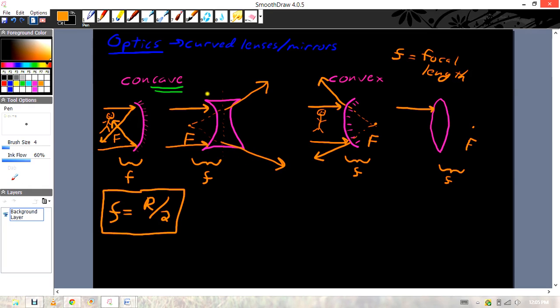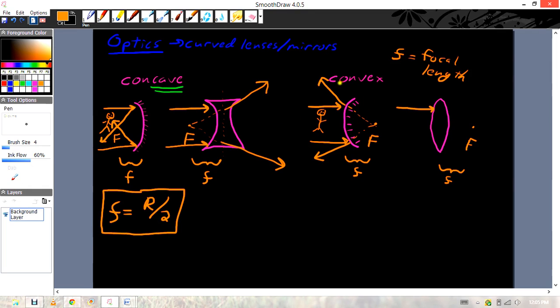So the easy thing to remember is the shape is determined by the name, which determines where the focus goes. And then knowing that light always passes through the focus, either in a literal, real sense, if it reflects, or in an imaginary sense, in this case.